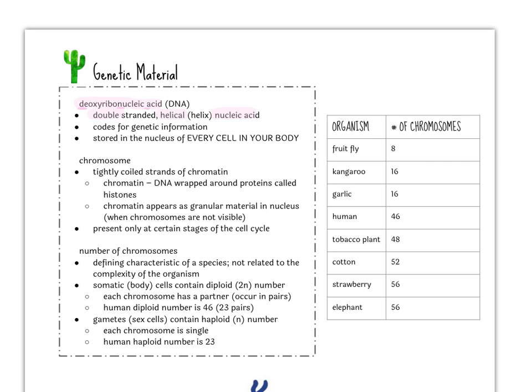The reason DNA is so important, or the reason we're so concerned with it, is that it codes for genetic information. That's something really important that we will go into way more in depth later on. But for now, just know that DNA goes into producing your genetics and producing your traits.